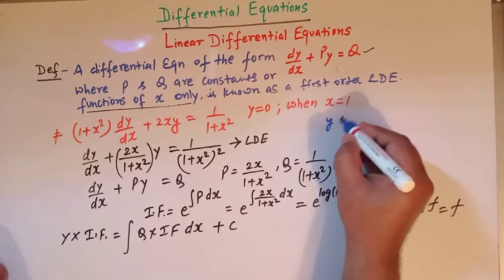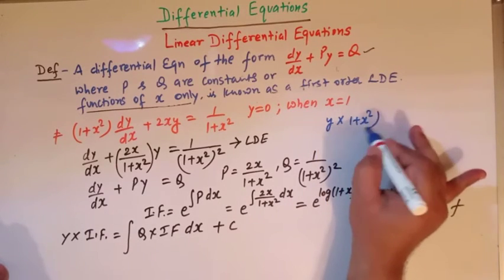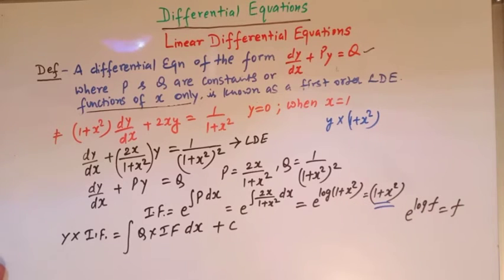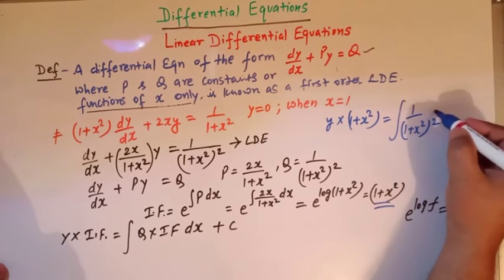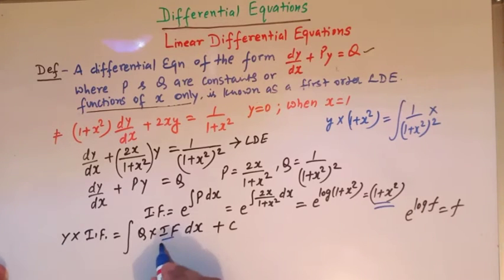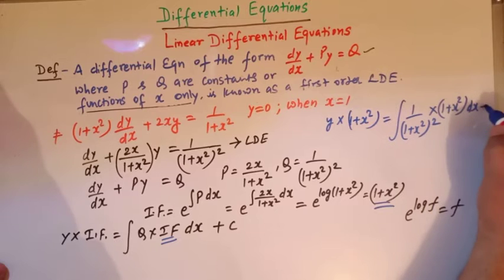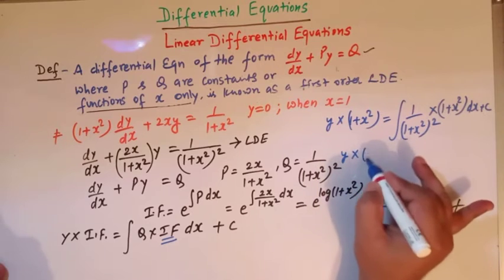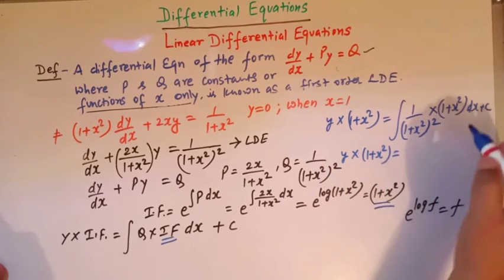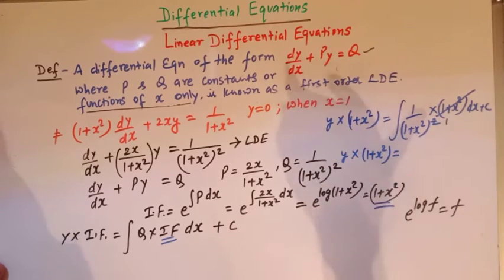So we have y times integrating factor, which is 1 plus x square, is equal to integral of q, which is 1 over 1 plus x square whole square, times the integrating factor 1 plus x square, dx plus c. Clear? This can be written as y times 1 plus x square is equal to, here this term gets cancelled with the power, 1, it becomes 1.